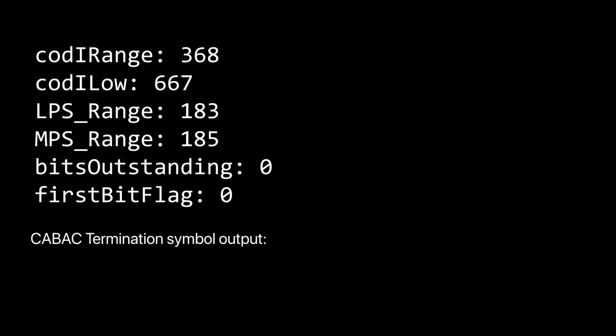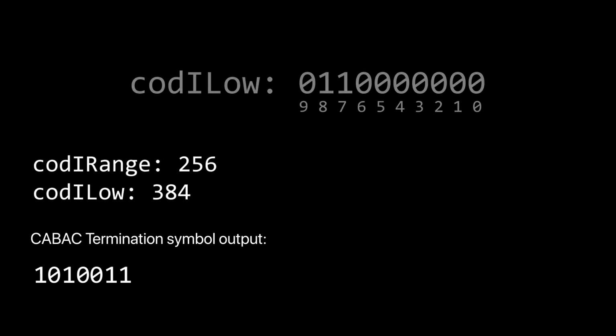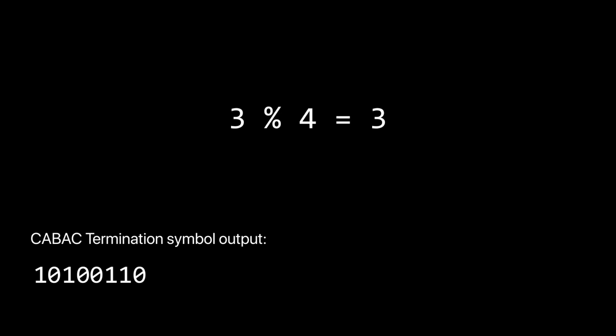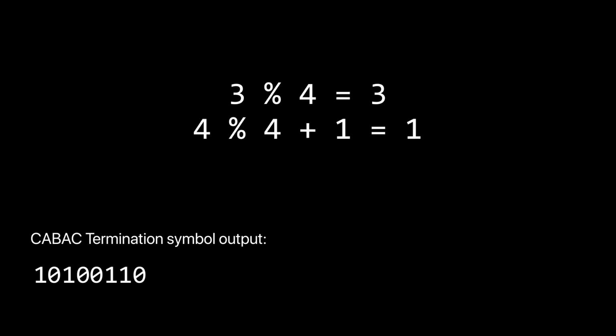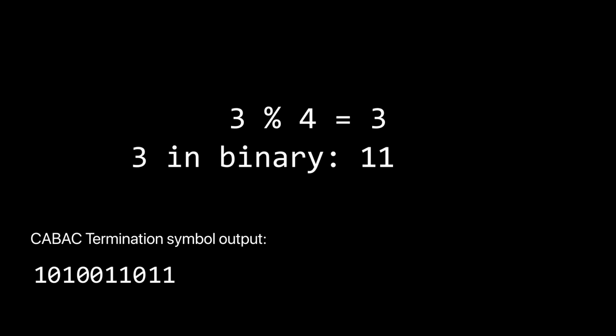Then, set code I range to 2 and repeat the while loop we defined before. Output the 9th bit of code I low. Then, right shift code I low by 7 bits. Find the remainder when divided by 4. If the remainder is even, add 1. Finally, write this directly to the file.